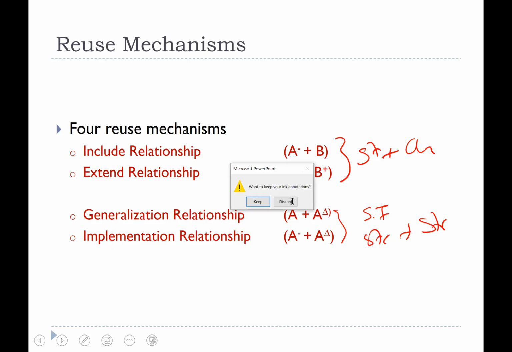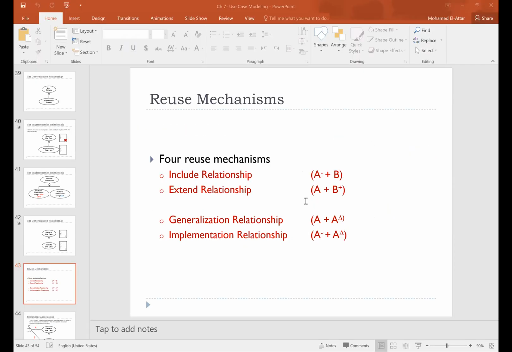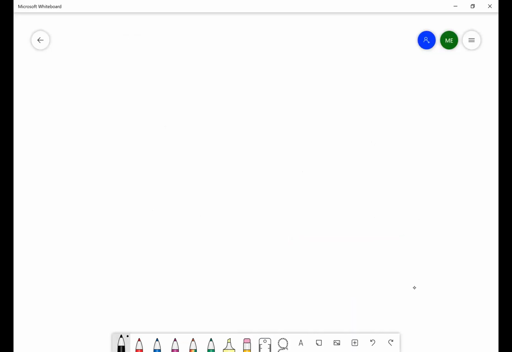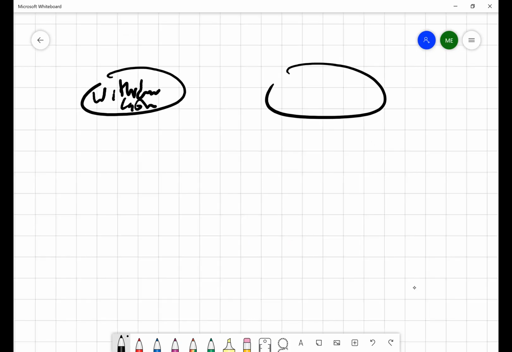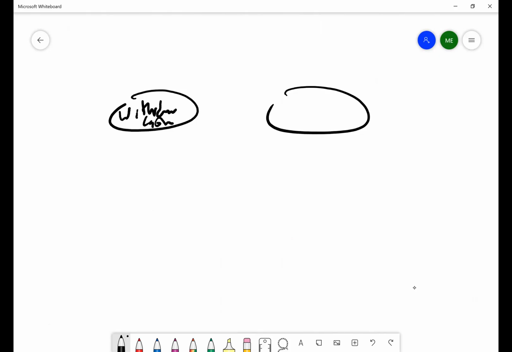So let me step out here for a second, discard. Let's go back again to the whiteboard. So think about it this way. This is withdraw cash. Let me zoom out here for a second.